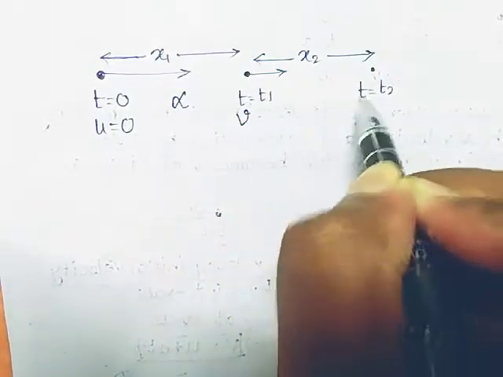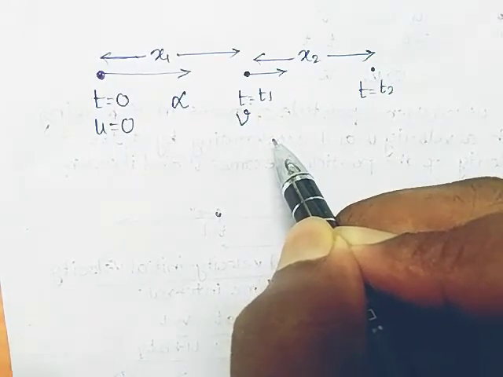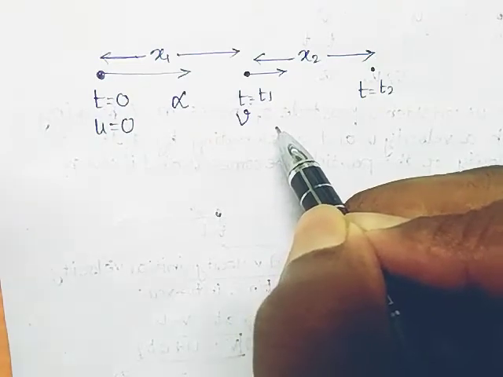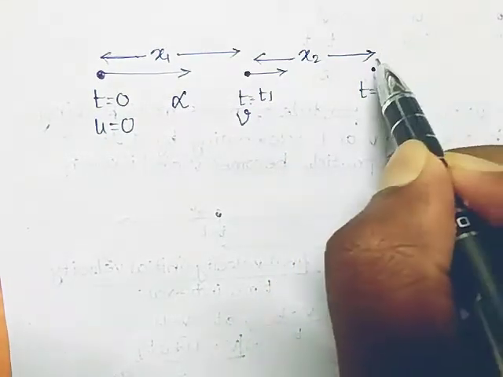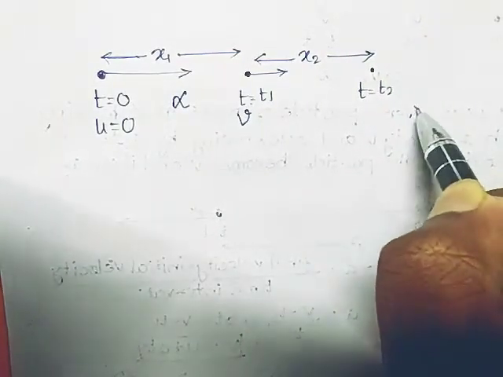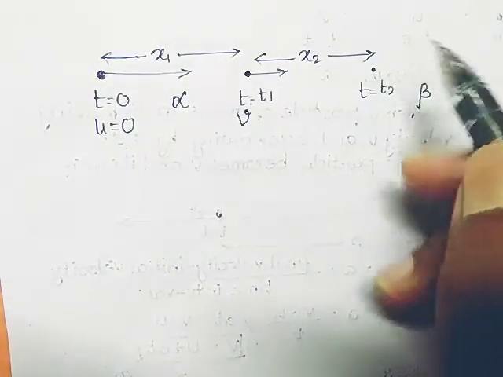From t1 to t2 it covers the distance x2. After that, again a retardation beta is acting on it.